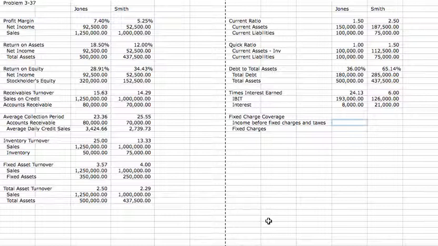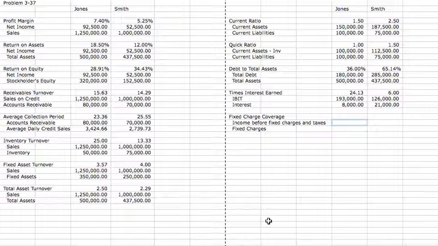Finally, let's calculate our fixed charge coverage ratio. This is income before fixed charges and taxes. So we have income before fixed charges, which would be income before interest and taxes. And we're given some other information too.